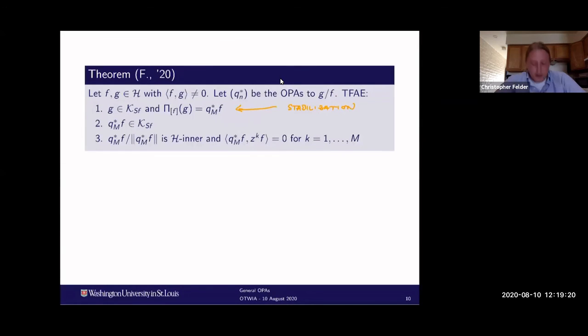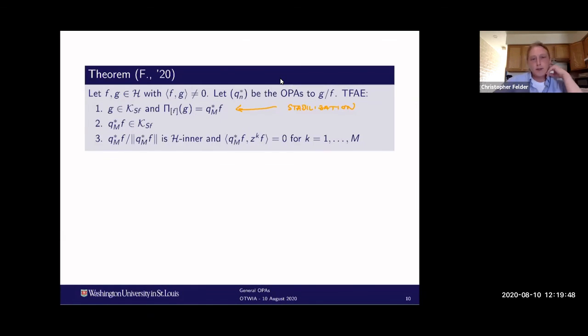Secondly, we have Qm star f itself is in K_S F. And now we have the inner characterization, that is, Qm star f over the norm of Qm star f is H inner. And we need a little bit more help here. We need that the inner product of Qm star f with z to the k f is 0 for k between 1 and m. So let's see, about 1 minute.